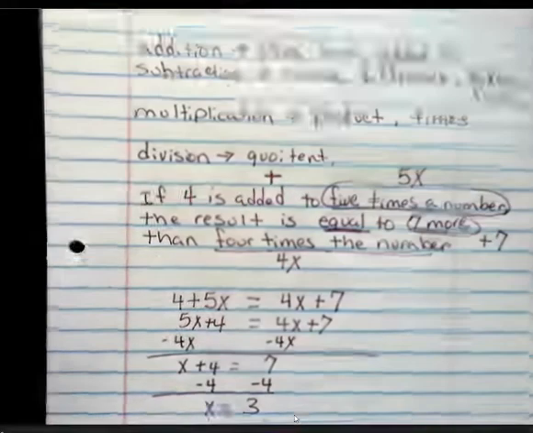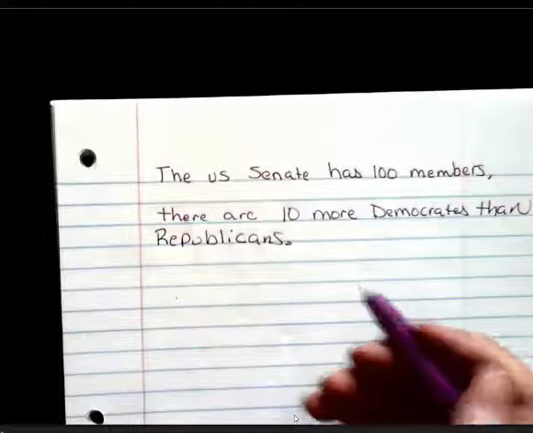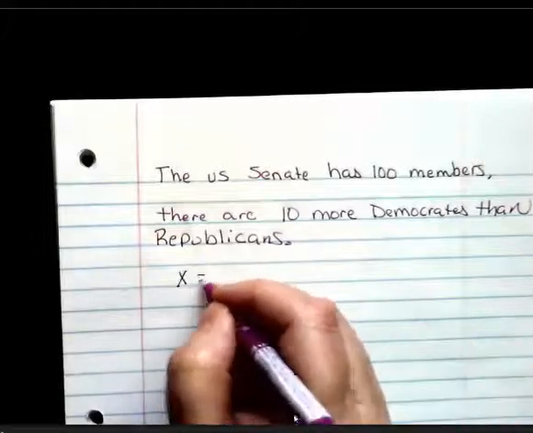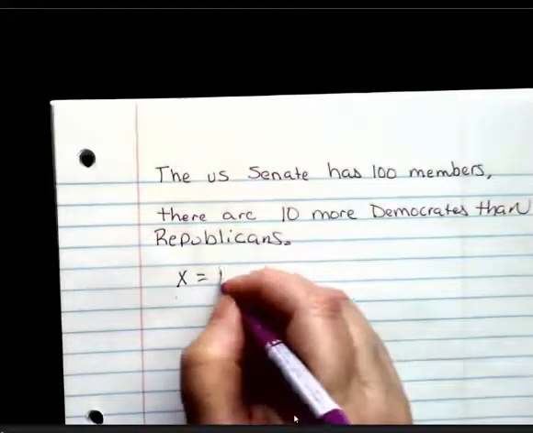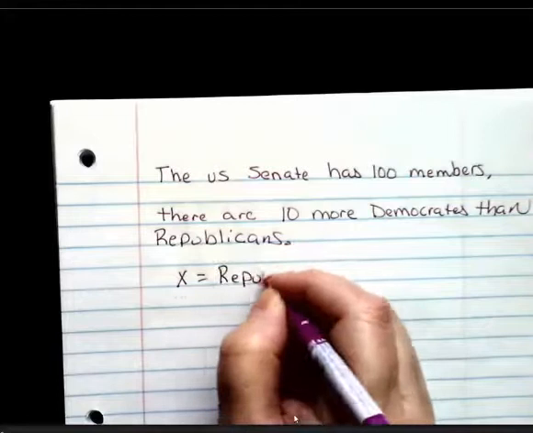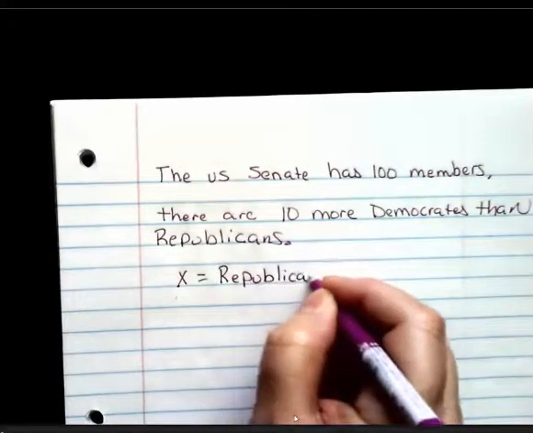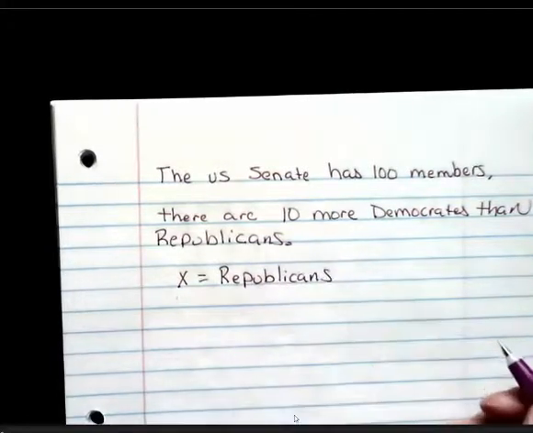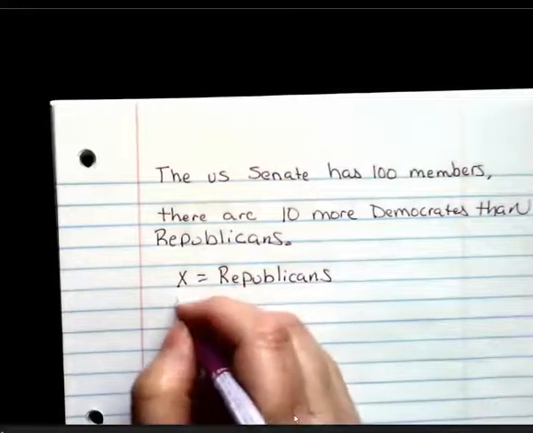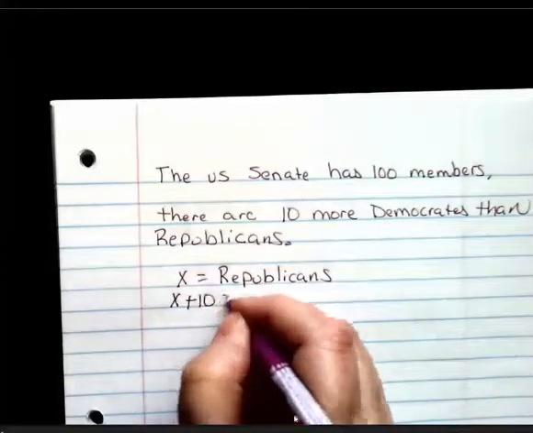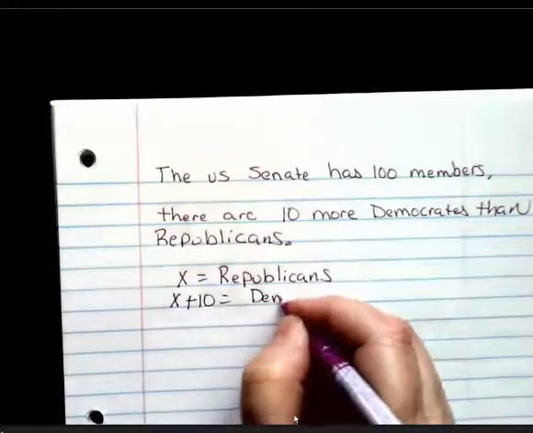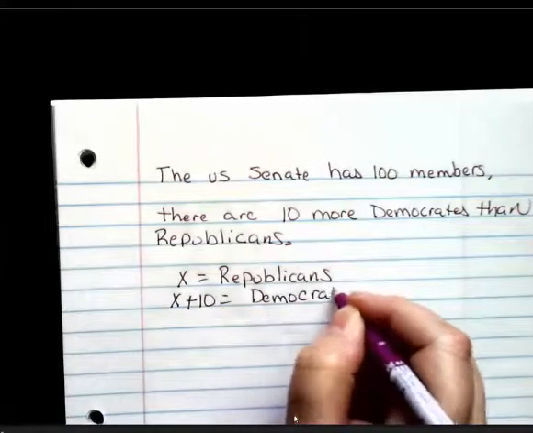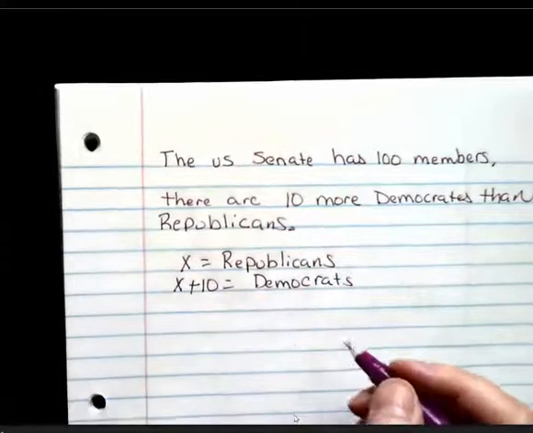All right, let's look at another one. x is our Republicans because that's the one that's not got anything added to it. There are 10 more Democrats than Republicans, so Democrats are x plus 10. Together they equal 100.